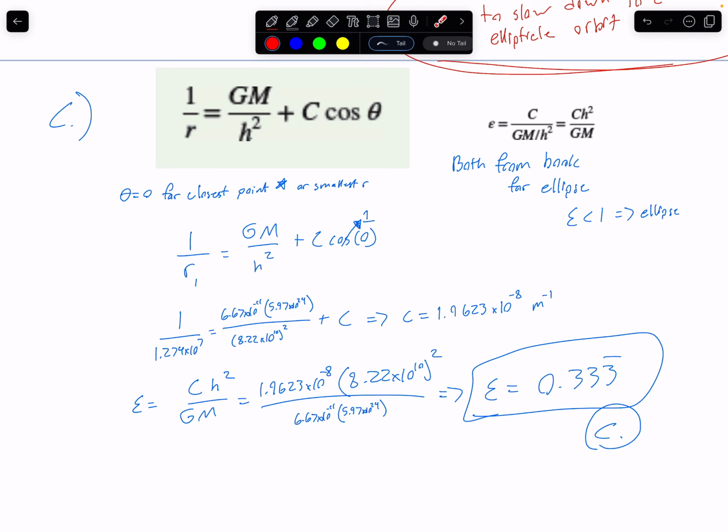And so at the shortest point, theta equals 0, so cosine of 0 equals 1, and then 1 over r1 equals gravitational constant times the mass of Earth over angular momentum squared plus C. Do some algebra, we find C equals 1.9623 by 10 to the negative 8th per meter.